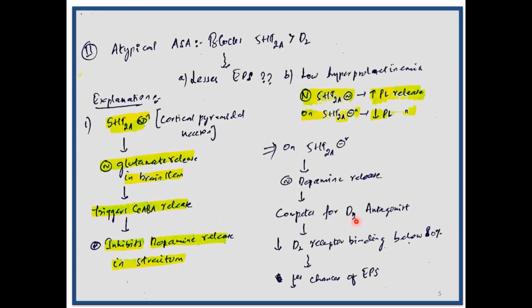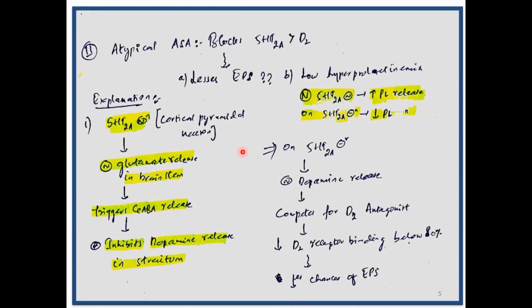Once it competes for the D2 receptor, it decreases the D2 receptor binding to below 80%. The importance of this value is that whenever there is D2 receptor occupancy of more than or equal to 80%, there is a higher tendency of causing extrapyramidal symptoms. So this endogenous dopamine will compete, making the occupancy less than 80%, and therefore lesser chances of extrapyramidal symptoms. This is one of the reasons for lesser chances of extrapyramidal symptoms with the atypical antipsychotics.